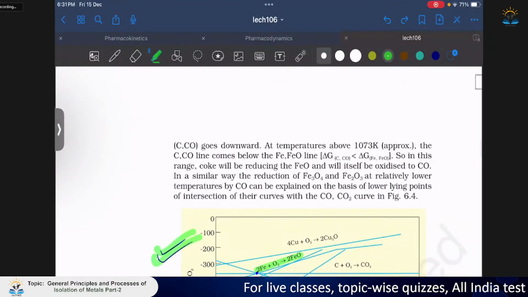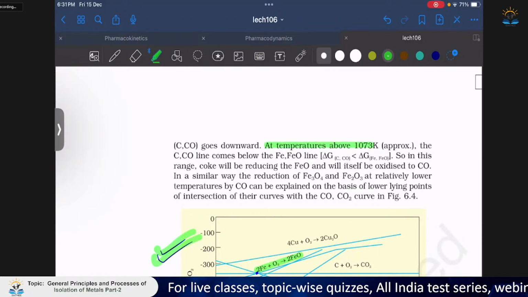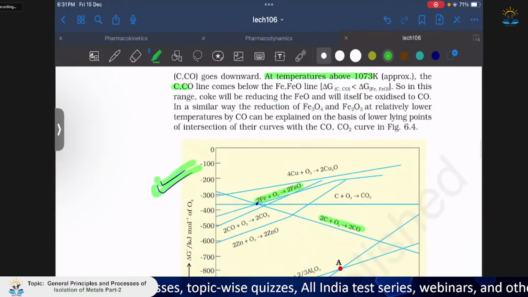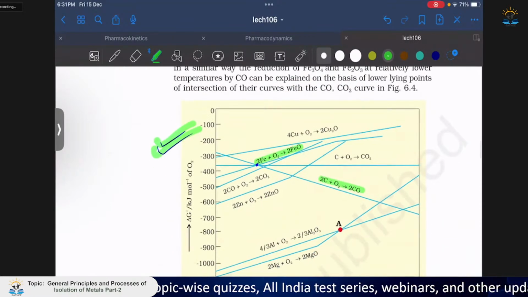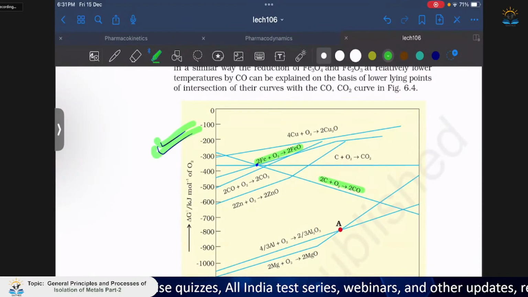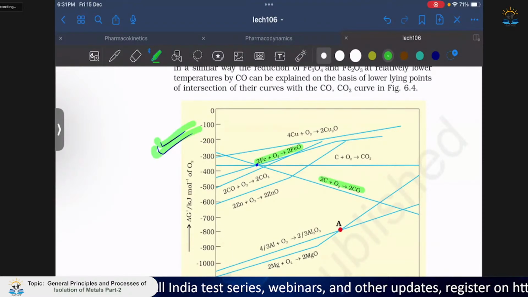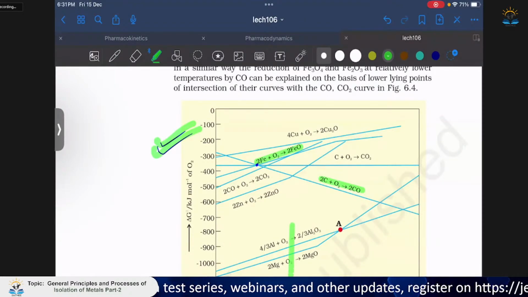The curve of carbon monoxide goes downwards, as at temperatures above 1073 K approximately, the carbon monoxide line comes below the Fe-FeO line. So they have taken it here: carbon monoxide line, Fe-FeO line at 1073 Kelvin.